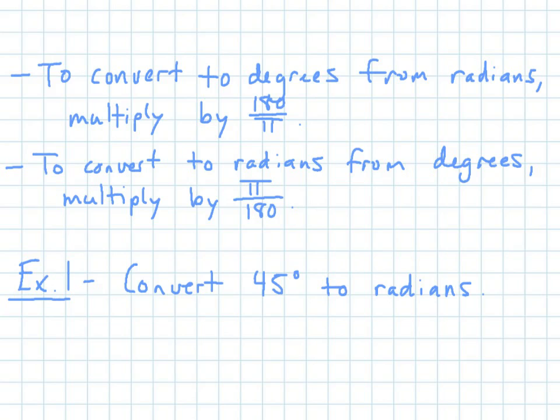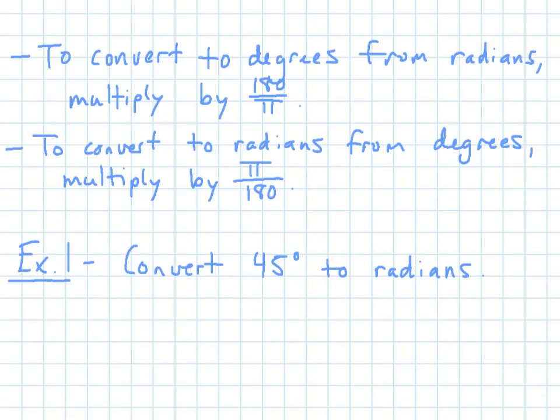So going back, now I want to be able to convert 45 degrees to radians. So like it says, I want to go to radians. So I'm starting with degrees, so I need to use pi over 180.